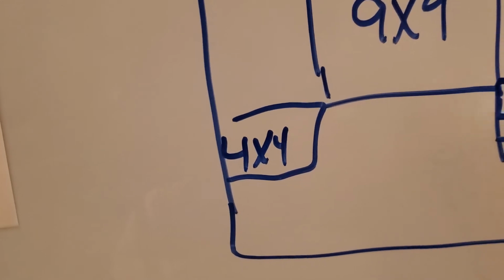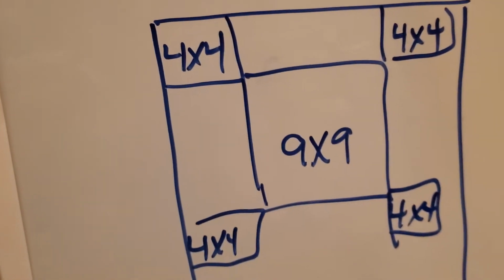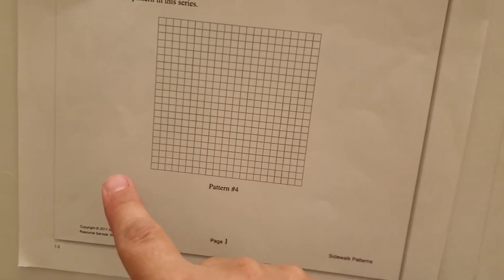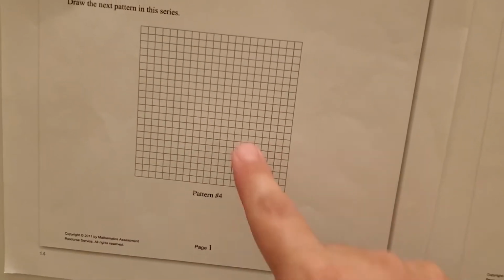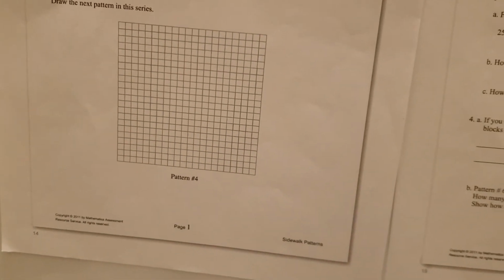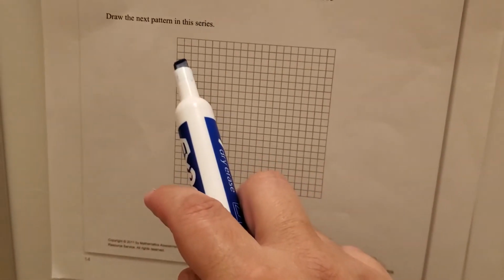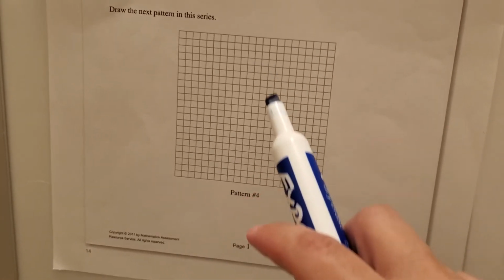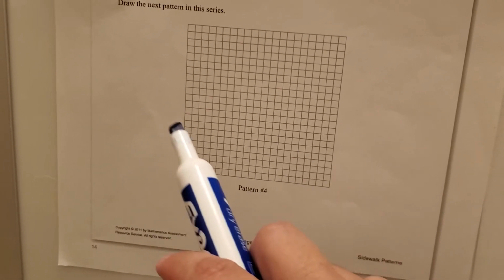Now, those of you who are in class, when you draw it out on the paper, it's not going to fill in the whole grid. Don't do a 4 by 4 here, a 4 by 4 here, and a 4 by 4 here, and a 4 by 4 here, because then your middle one is going to be bigger than a 9 by 9, and your numbers are going to be wrong. Okay, so don't just go 4 by 4 and then count over 9 and then do another 4 by 4 and then drop down 9 and do a 4 by 4 and a 4 by 4, okay?